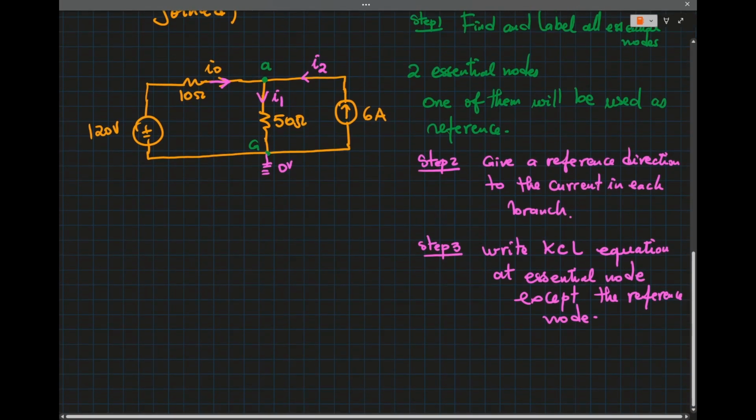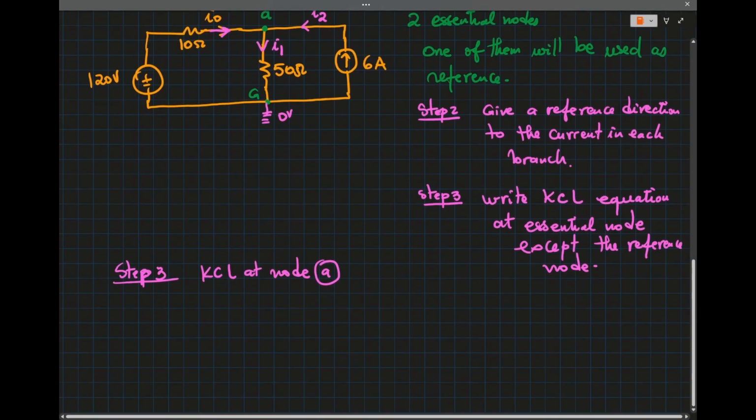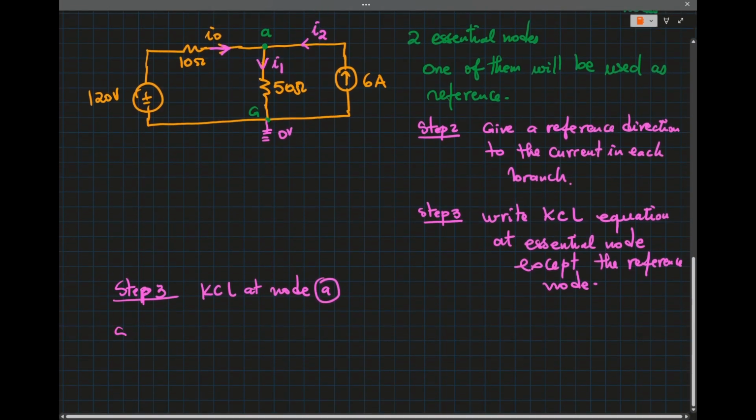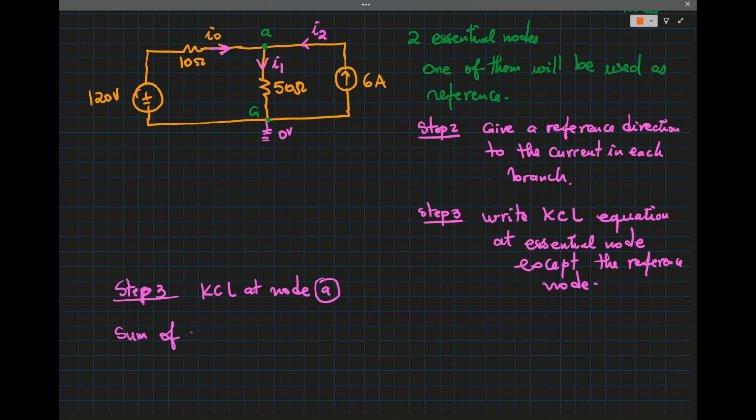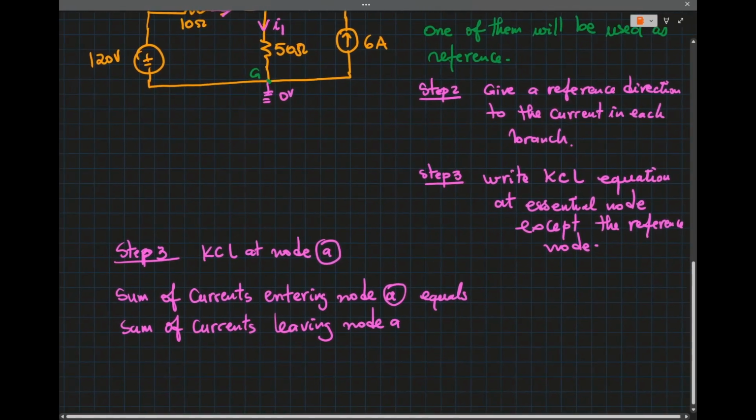So this is step 3. KCL at node A. The sum of the currents entering node A equals the sum of the currents exiting, leaving node A. So what is that?